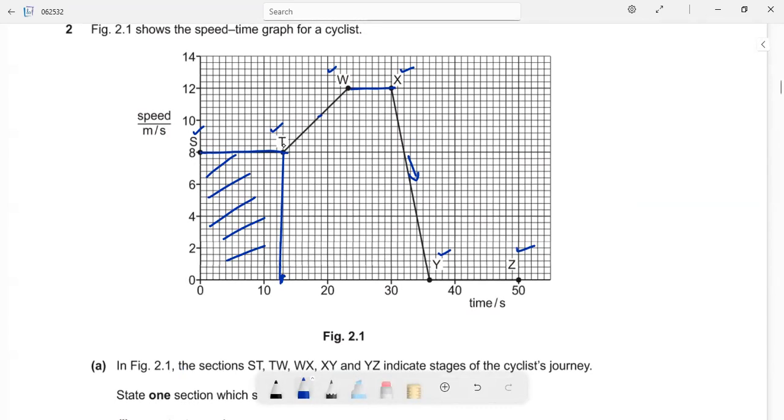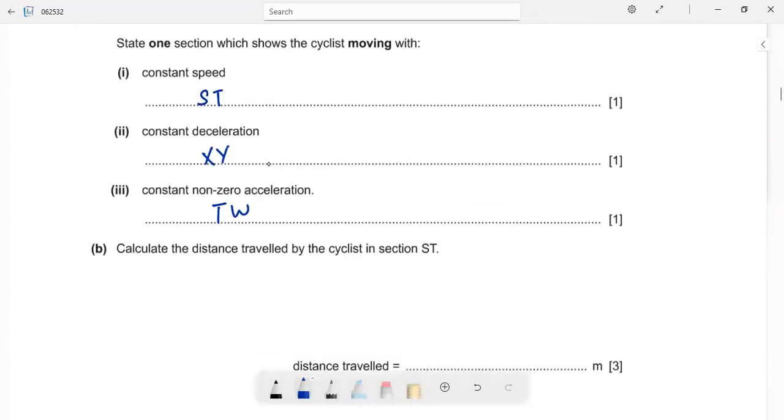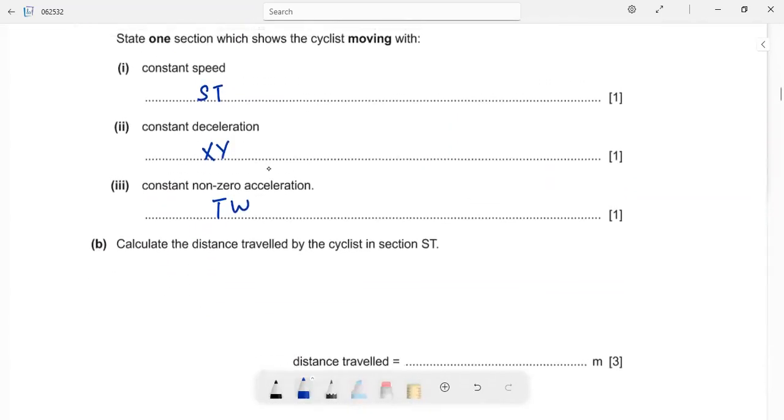So here length is 8 and this breadth will be 10, 10.1, that is 11, 12, 13. So 8 into 13. So the distance traveled will be equal to 8 into 13, that will be equal to 104 meter.